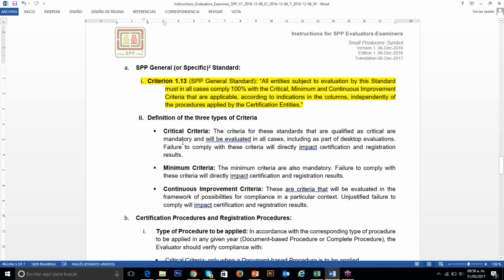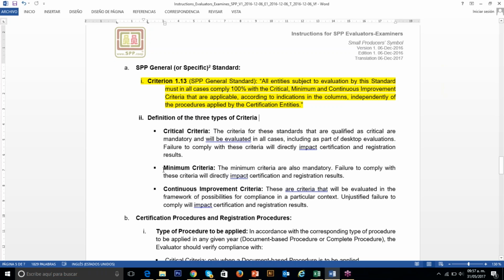It means that if the applicant does not show how they comply with the explanation they wrote in the evaluation form and with the documental support, then the evaluator has to consider non-compliance.